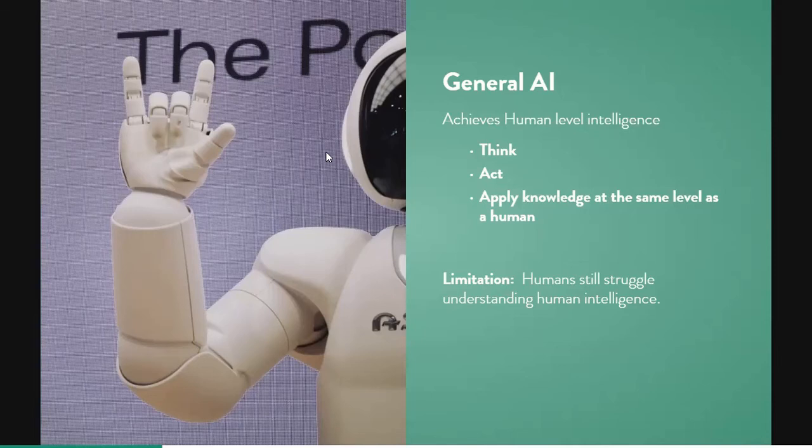What is the limit of human intelligence? We don't know that, right? So if we cannot know that as human beings, then we can't create a system that is even close to our human level of intelligence. And that's why general AI does not exist. A machine that thinks, acts, and applies knowledge at the same level as a human being does not exist.